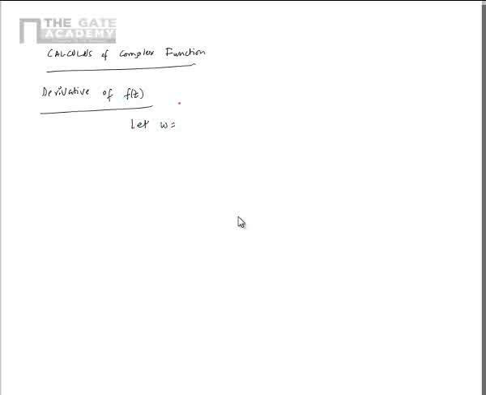So let w be a function of z, a single valued function. Single valued means for every value of z you have only one value of w. A single valued function of the variable z, which is nothing but x plus iy.